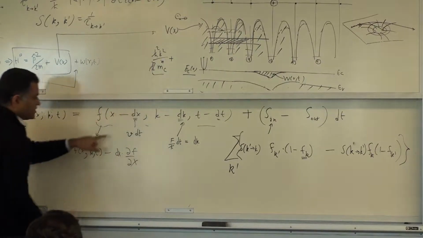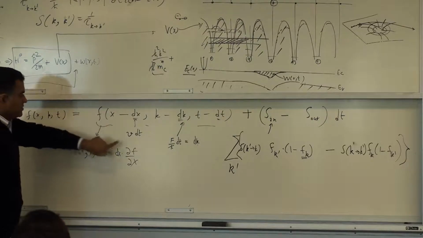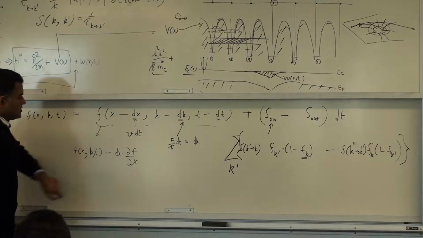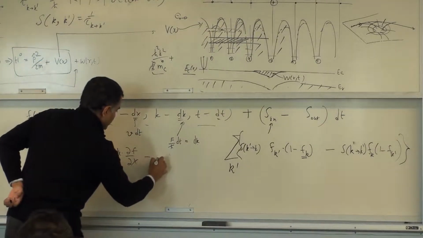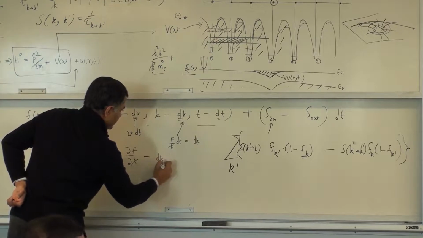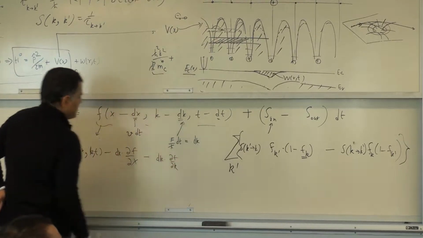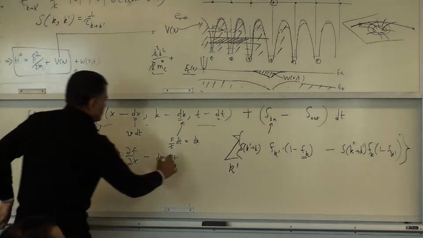Does that make sense what we are doing here? It's the first derivative, right? You pull this out. Change in space, change in k, del f over del k, right? And then there's a change in time.